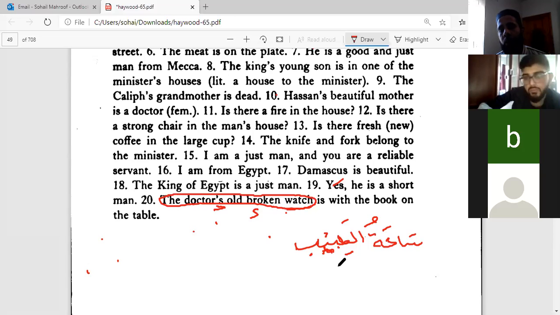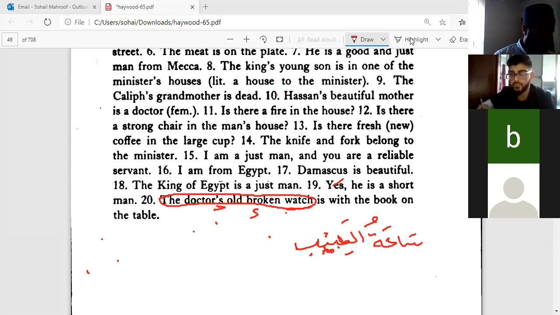So, simply put, mudaf and mudaf ilayhi don't have to agree in gender. Let me just write that down. Just give me one second there. I think it has to be in gender.